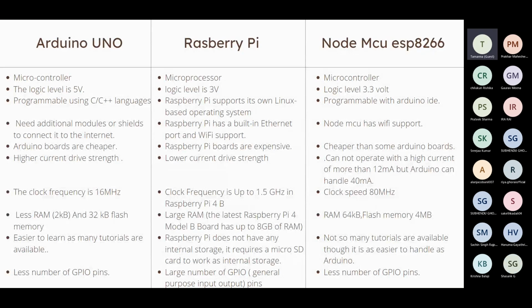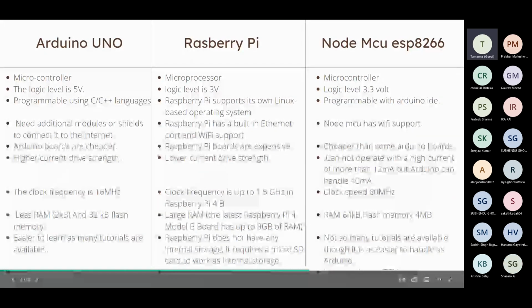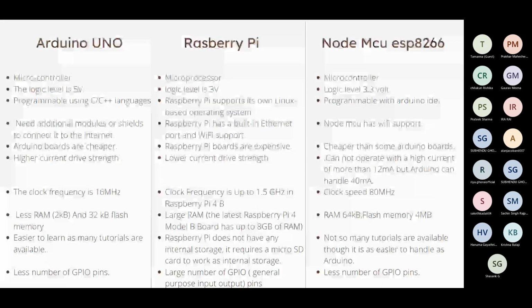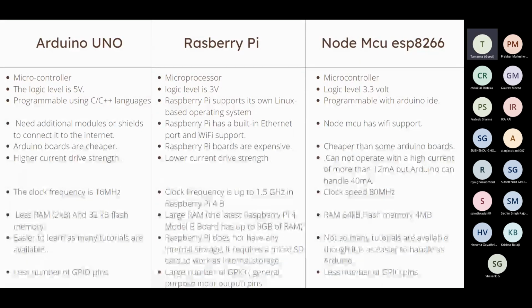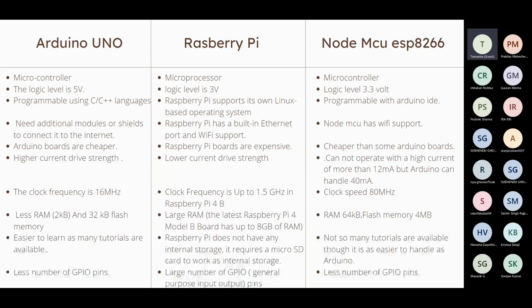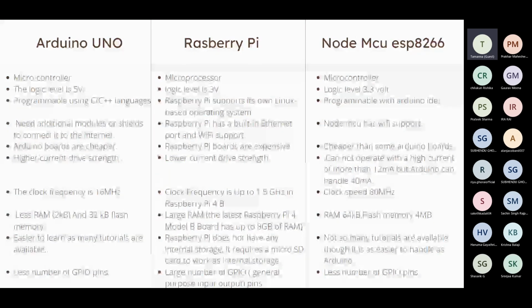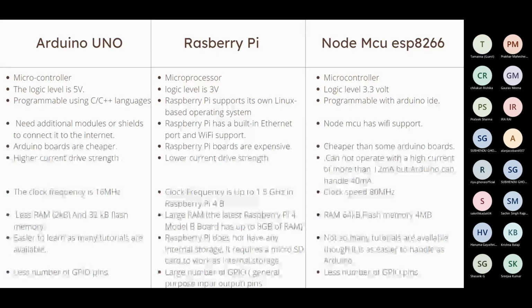As for the drive strength, current drive strength means the amount of current that the board can handle. As for the Node MCU, it cannot operate with higher current that is more than 12 milliamperes. But Arduino Uno can handle a current of 40 milliamperes.